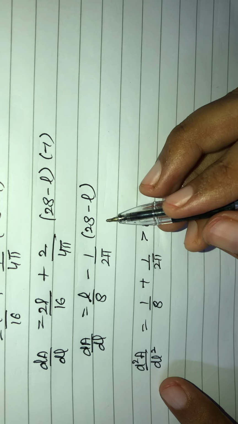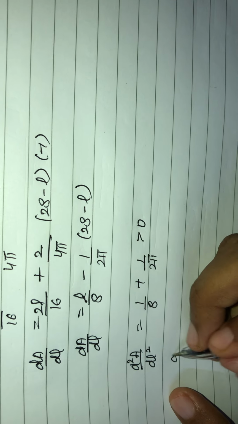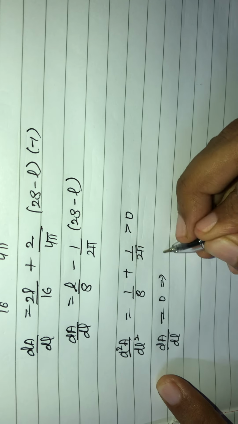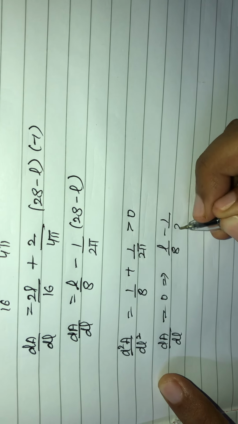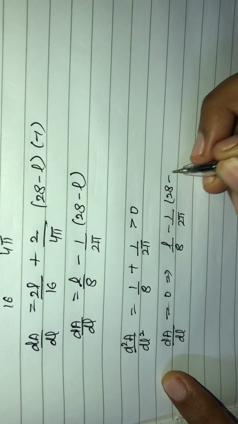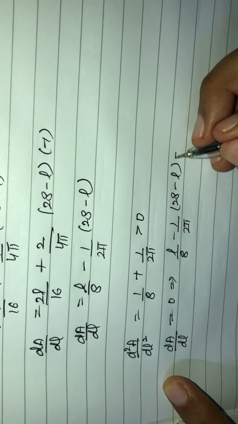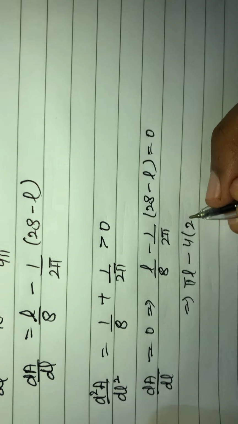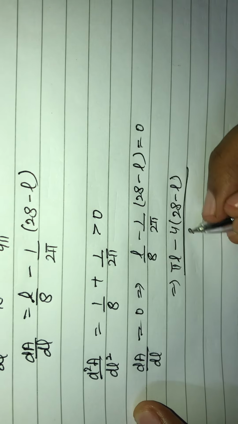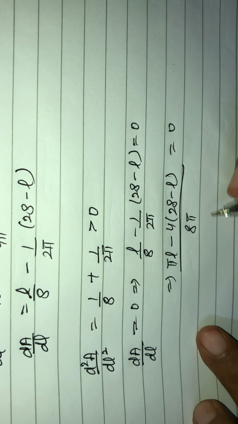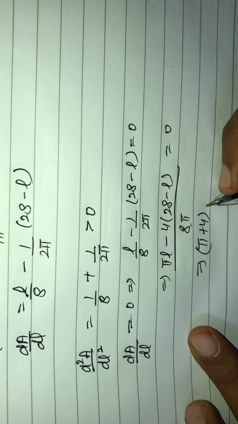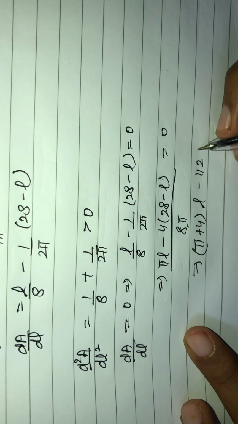So we'll calculate the critical point for calculating the length. So L by 8 minus (28 minus L) upon 2 pi equals 0, giving (pi L minus 4(28 minus L)) upon 8 pi equal to 0. So I am getting (pi plus 4) L equal to 112.